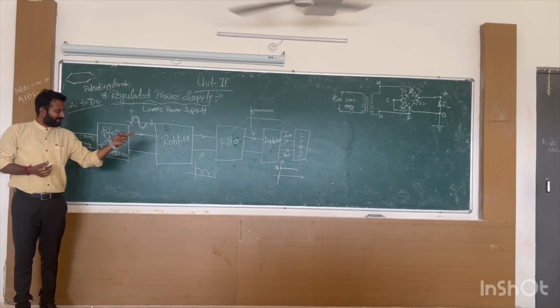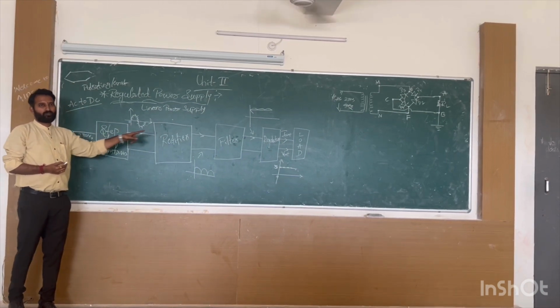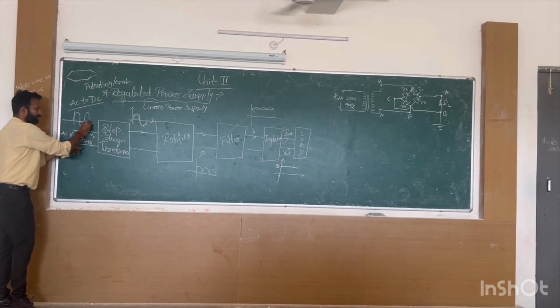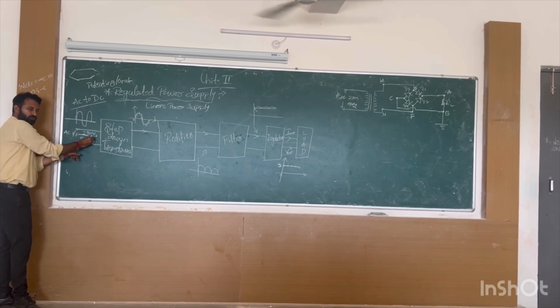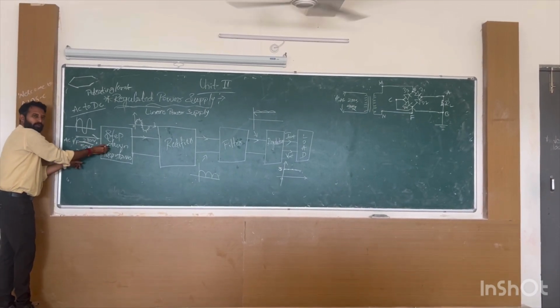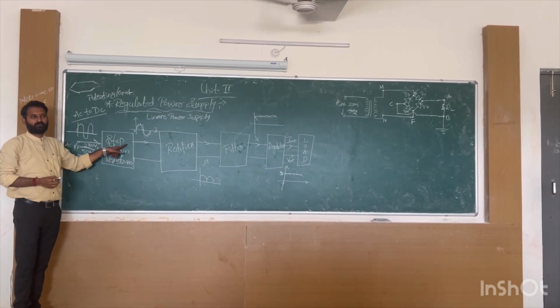Now how can we achieve that? This is a step-by-step process. What are we giving? We are giving an alternating waveform of 230 volt. Where are we applying it? We apply a step down transformer. Now listen here to what the step down transformer will do.